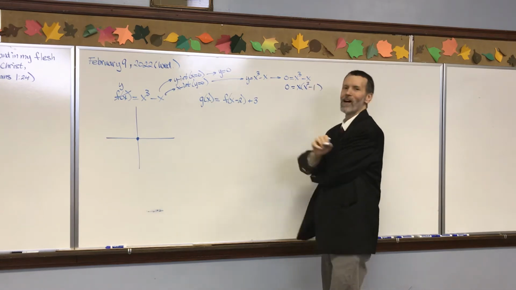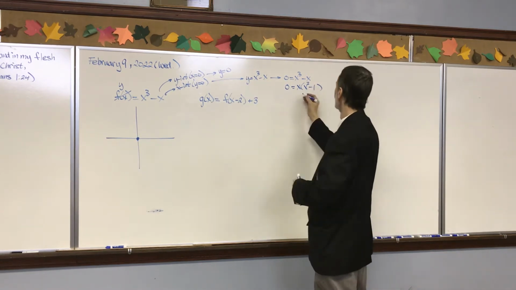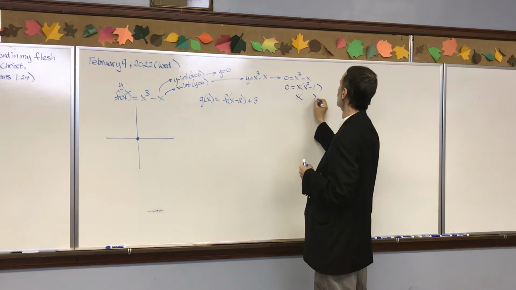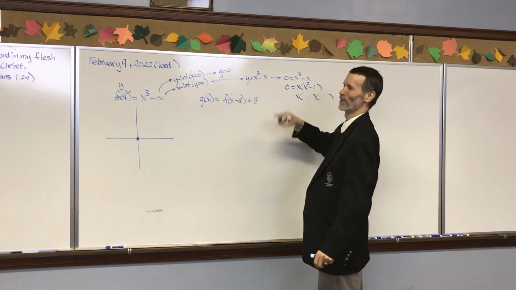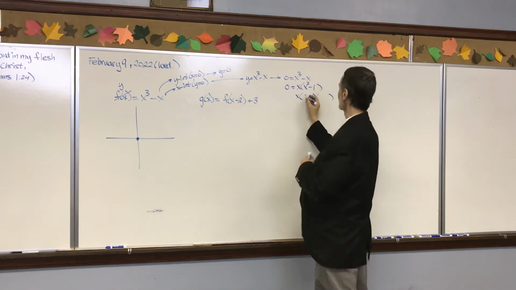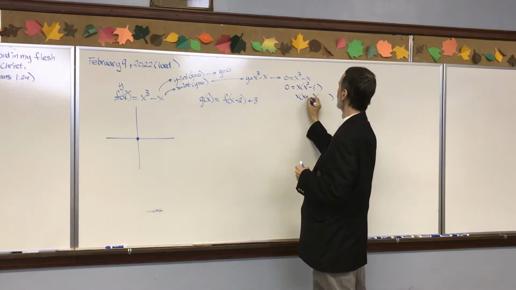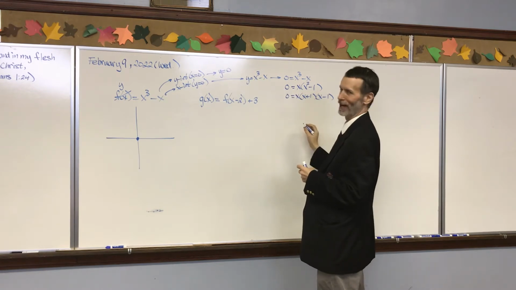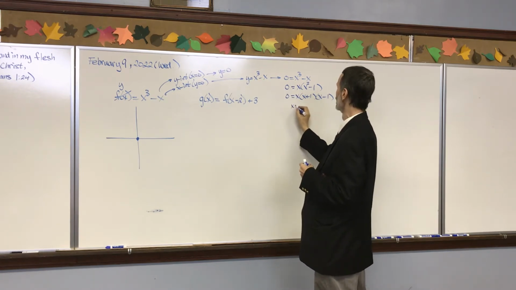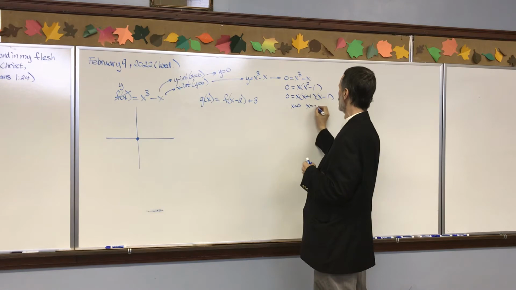Does that factor? Close. Difference of two squares. So what is it? x plus 1, x minus 1. Good. And what solutions would you get? x equals 0, x equals -1, x equals 1.